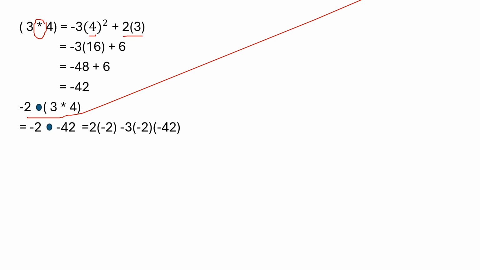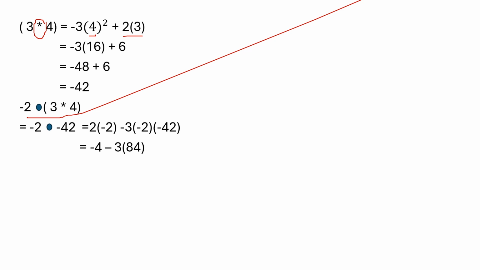So for us to do that, we are going to substitute in negative 2 for a, and the b is negative 42.